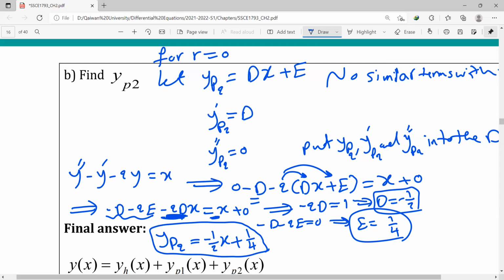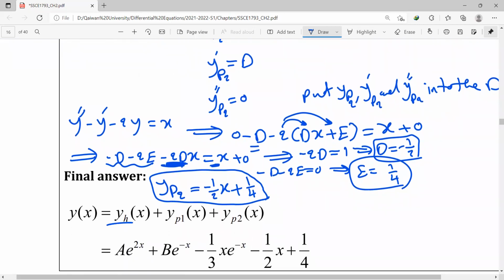And we said that the general solution is the sum of all yp's with a homogeneous solution. y of x is yh plus yp1 plus yp2. This is the homogeneous solution.